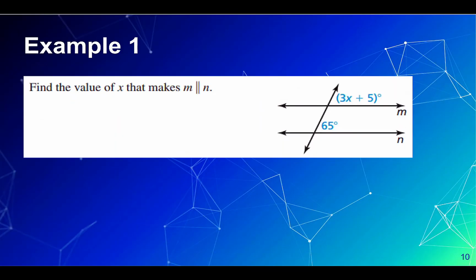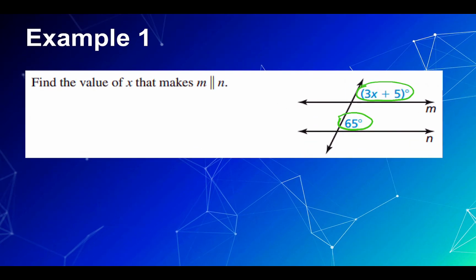Example 1. Find the value of x that makes M parallel to N. So I don't know if M and N are parallel. The only way I know for sure is if these corresponding angles are congruent. So by the corresponding angles converse theorem, we can say that if 65 is equal to 3x plus 5, then M is parallel to N. So what they want us to do is find the value of x that makes that true.